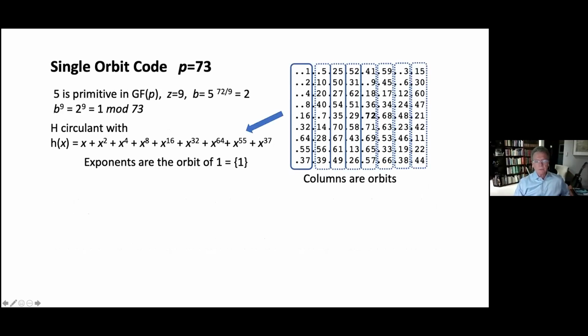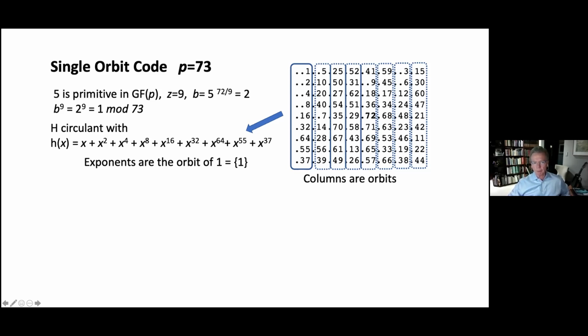So here's the first example, and I don't think I've got more than just a couple of deep coding people who would recognize the algebra. But here's an example. I take p equals 73, and 5 is a primitive element. So if you do a raster scan up here, you're getting all the successive elements in GF(73).